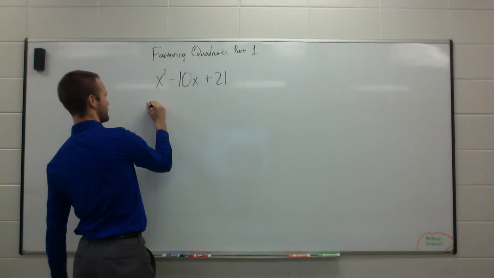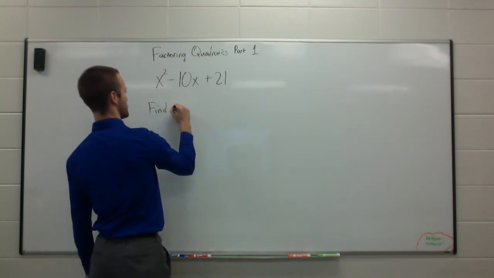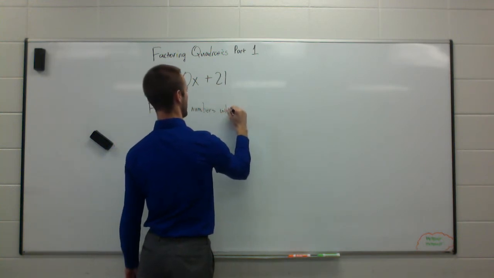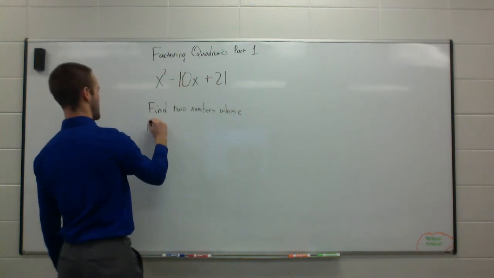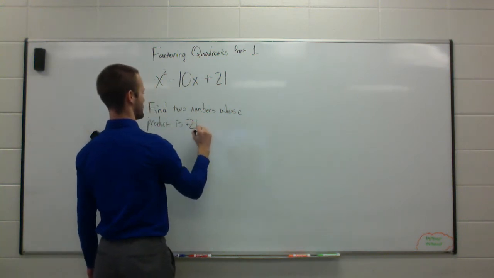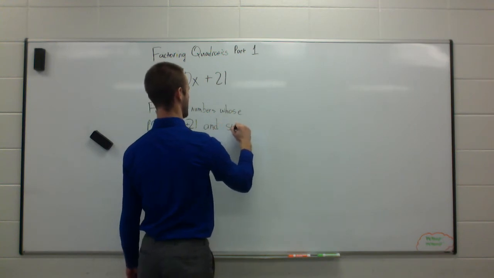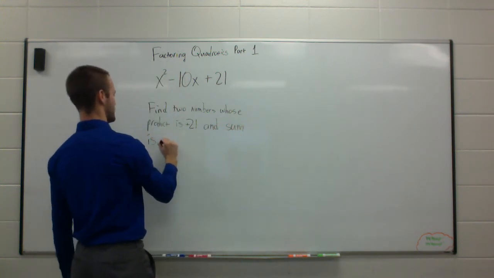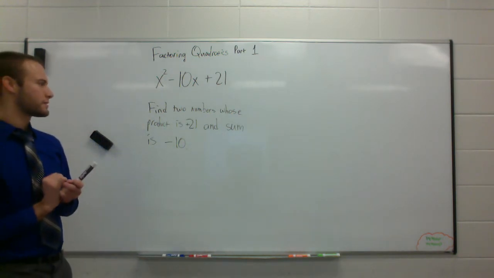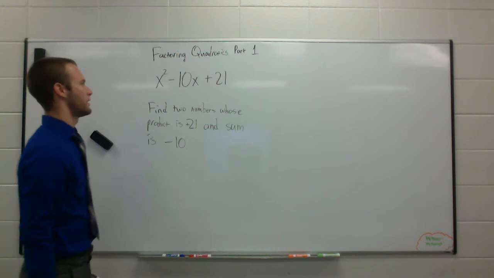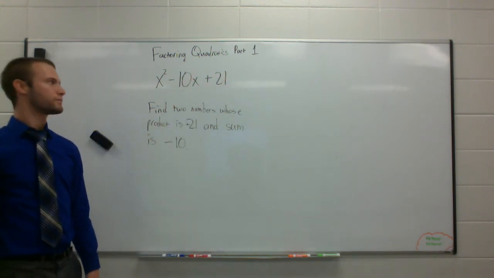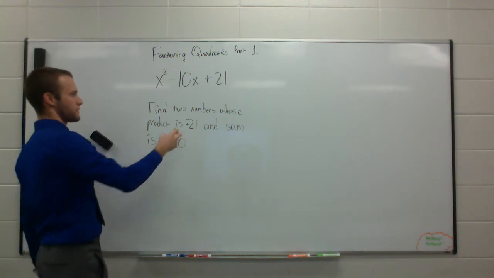We need to find two numbers whose product is positive 21 and sum is negative 10. Now, if you think about this analytically for a second, we're going to multiply to a positive and add to a negative. That means we're going to have two negatives.